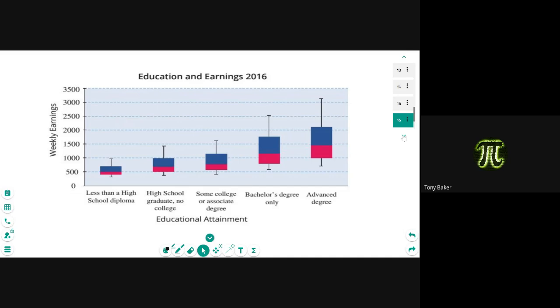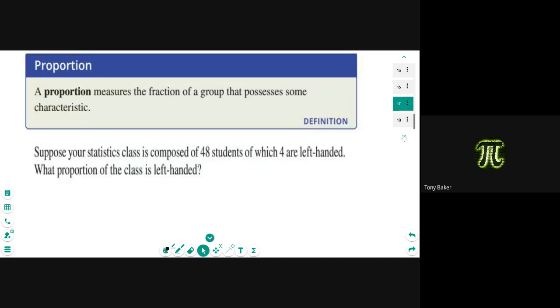All right, one more thing. The 4.6 is really simple. It's just proportions. All proportions is what you want over the total. It's a percent, you're just dividing. Suppose your statistics class is composed of 48 students, and 4 are left-handed. What proportion of the class is left-handed?